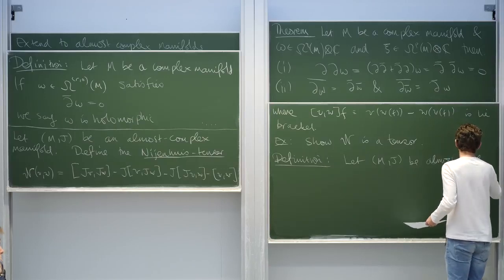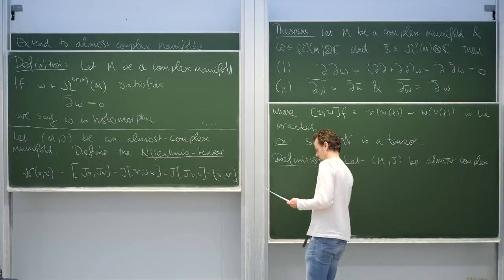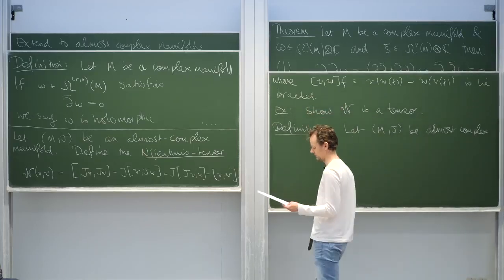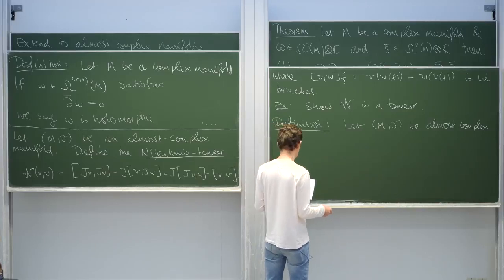So I better at least tell you, what does it mean for this tensor or for an almost complex manifold to have an integrable J?